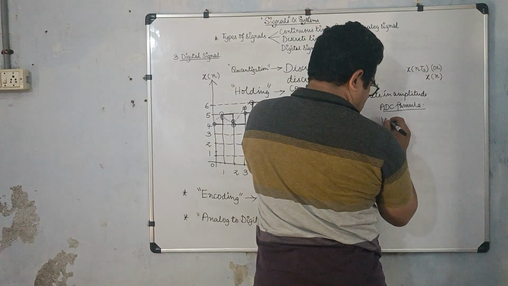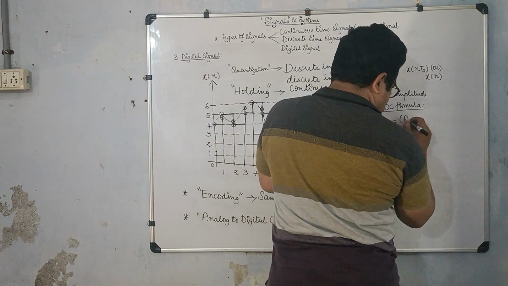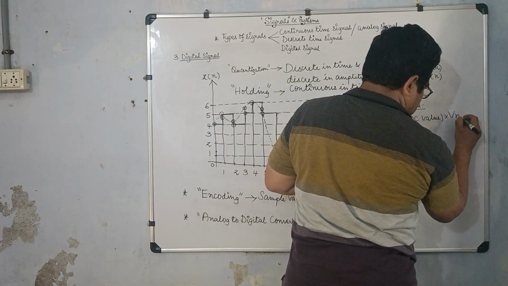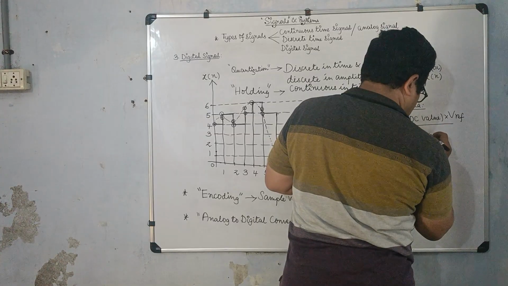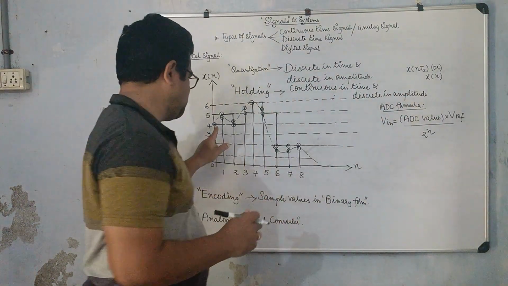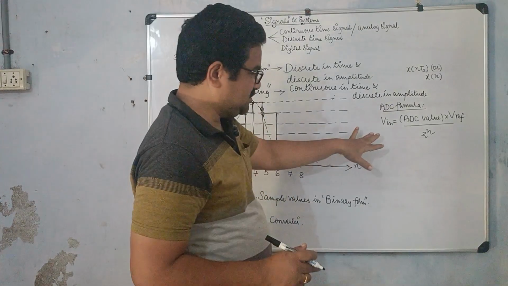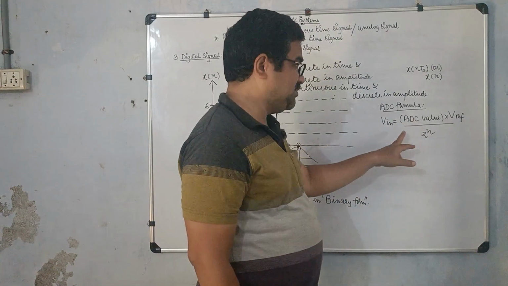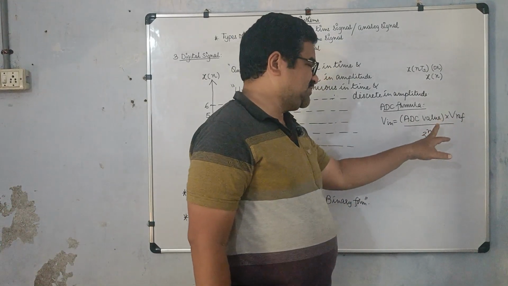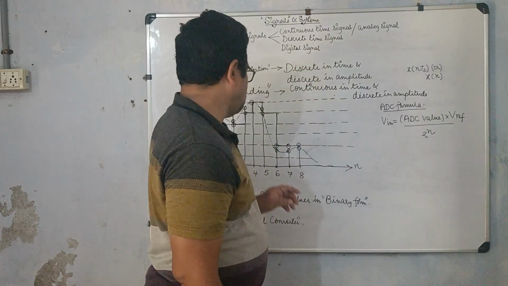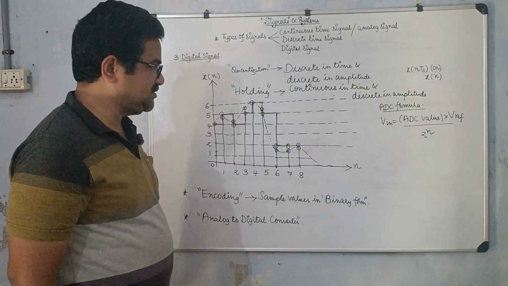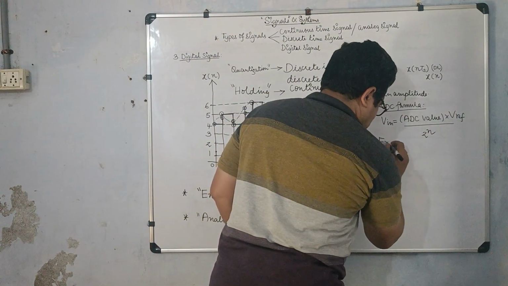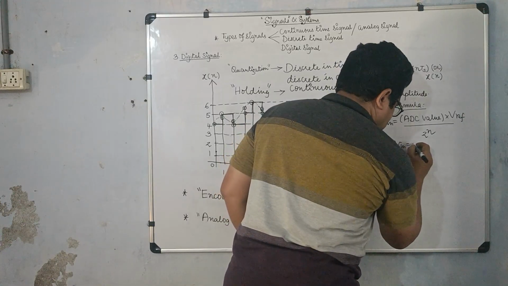So the ADC formula here is Vin is equal to the ADC value into Vref by 2 power n, where Vin is the voltage, here 4, 5, 6 and so on. These are the voltages which are to be converted into binary form. This is the ADC binary value, this is the reference voltage which I am giving, and n is the number of bits. How many bits you want to use for encoding these sample values. Okay, so for example, let us say my input voltage here is 2 volts.